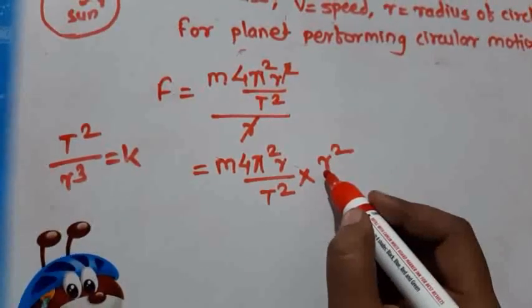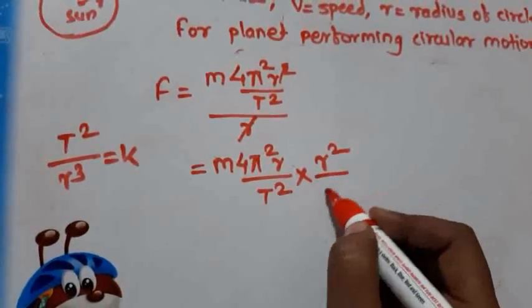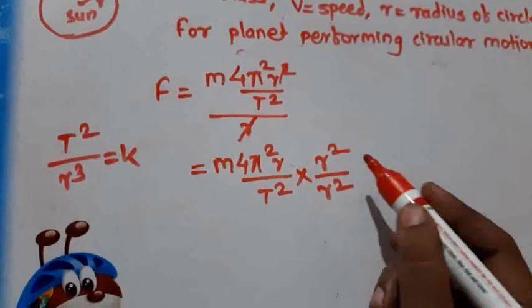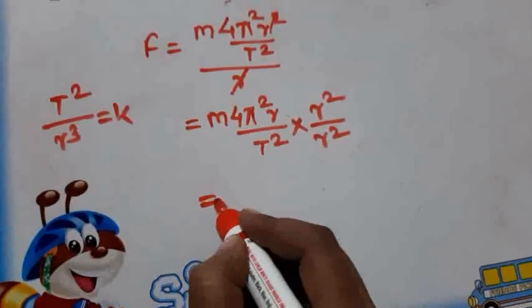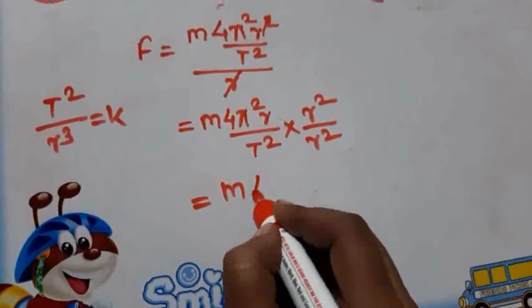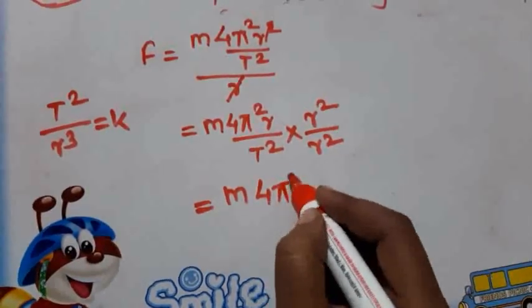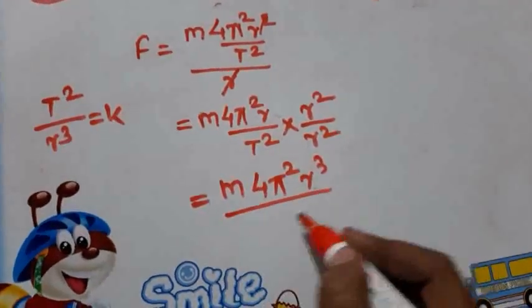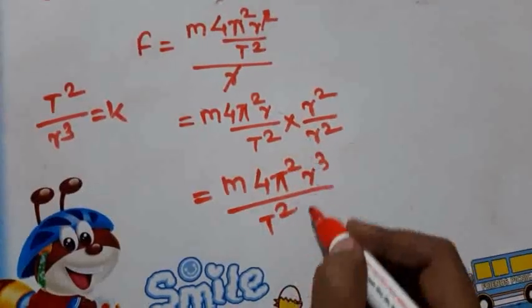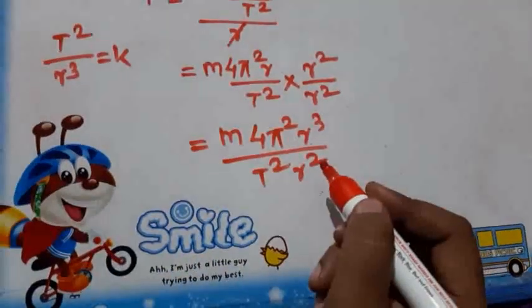But this will change the expression, that's why we also have to divide by r square. So we multiply by r square and divide by r square. The equation will become m 4 pi square r into r square, that is r cube, divided by T square r square.